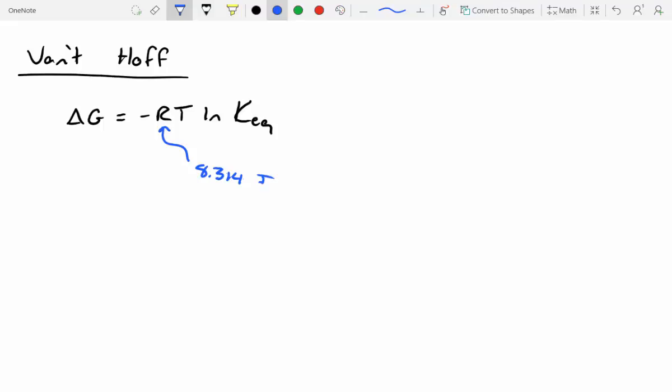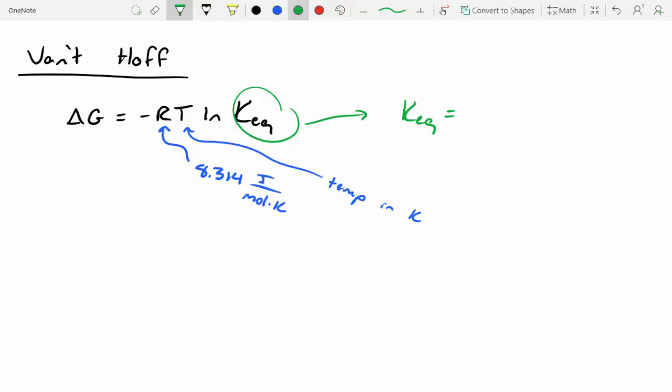And this is typically in joules per mole Kelvin. Okay, and then we have temperature, which is always measured in Kelvin. And then we've got this KEQ equation, which we already said KEQ is going to be equal to our concentration of our products over our concentration of our reactants.